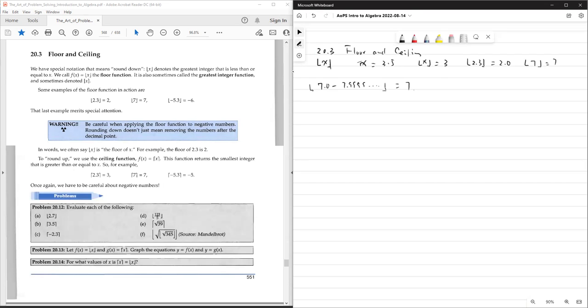Okay, so if it's a negative number, like say, for example, remember we're looking for the greatest integer, and this goes the other direction. This can be tricky. So this is -6. When we think about this, we look at the number line. So this is -1, -2, -3, -4, -5, and 1, 2, 3, 4, 5, say 6.